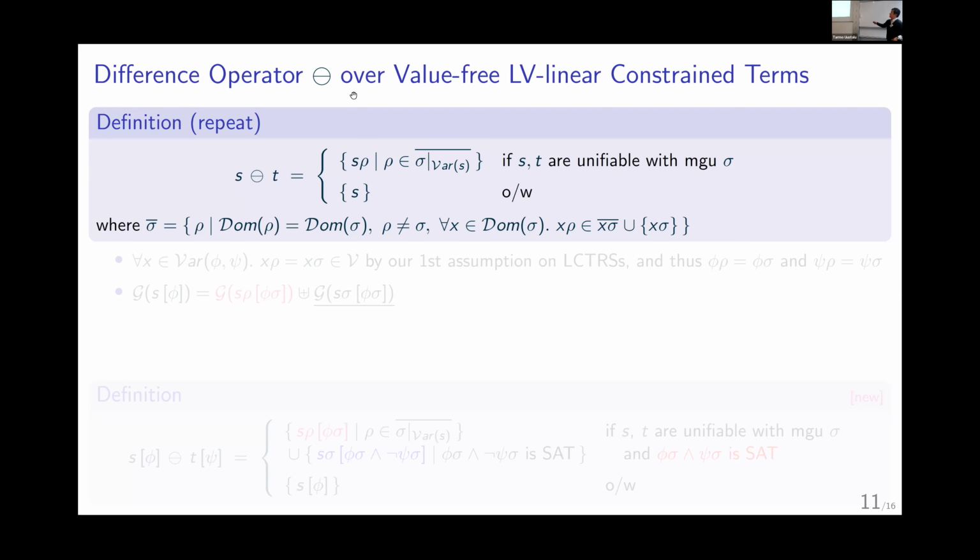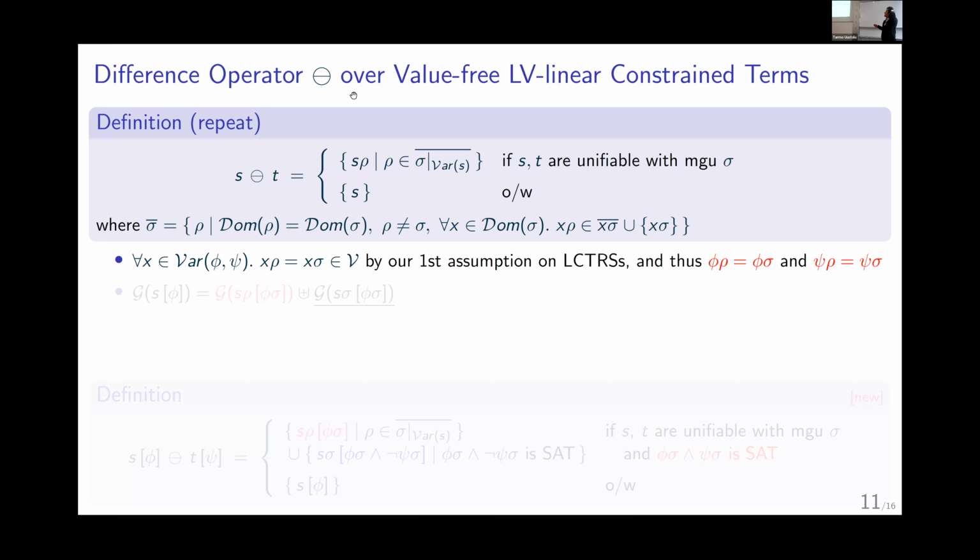So this is the definition for the unconstrained case. And then, thanks to the first assumption on LCTRS, for every variable X appearing in constraint parts, X sigma is a variable, thus X rho is also a variable, and then they are equivalent.